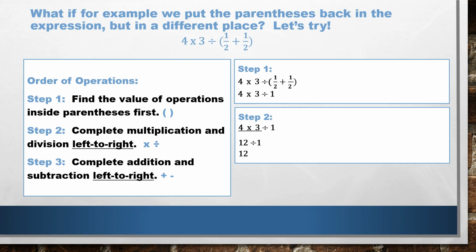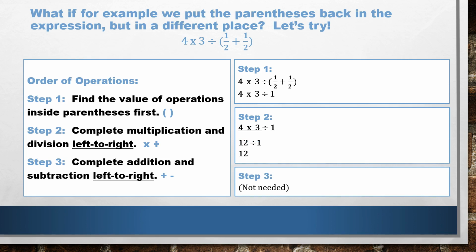We can move to look for multiplication and division since there are no more parentheses. 4 times 3 is equal to 12. So now we have 12 divided by 1. 12 divided by 1 is 12. And we have no more operations, so we actually don't need to do Step 3.